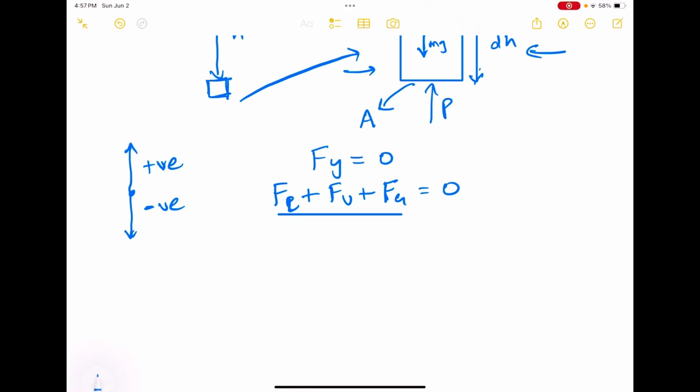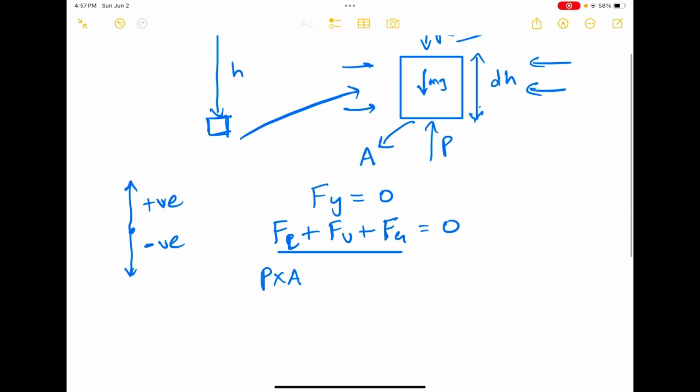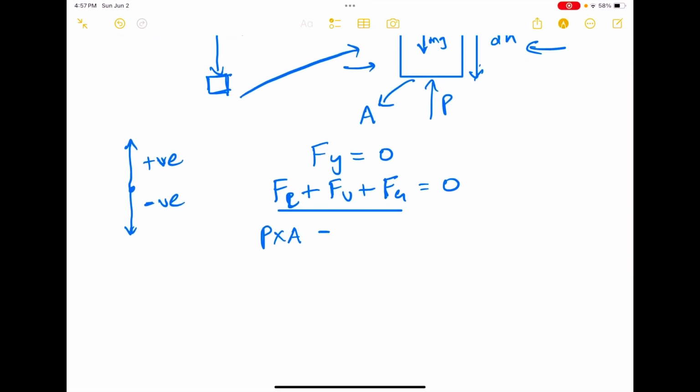So this will be equal to P times A. Fu is the force acting on the upper surface of the cubical element, but it is acting downwards. So it will be minus (P plus dP) times A. The gravitational force will be acting downwards and will be equal to mass times gravitational acceleration.